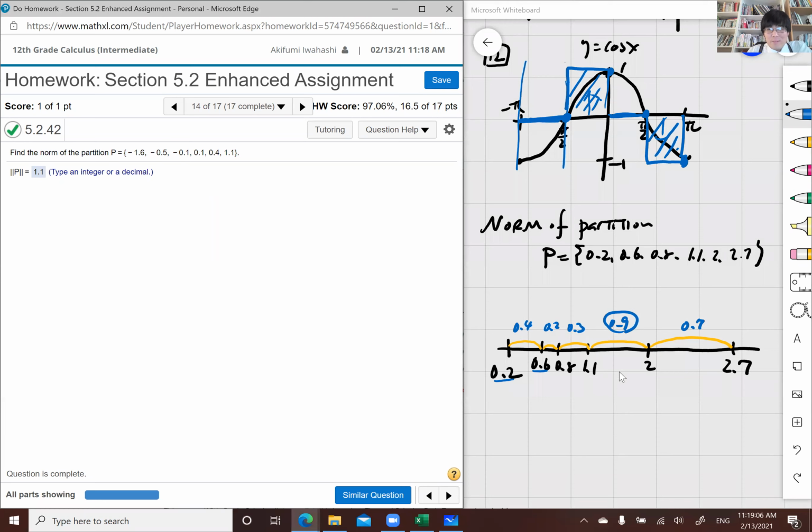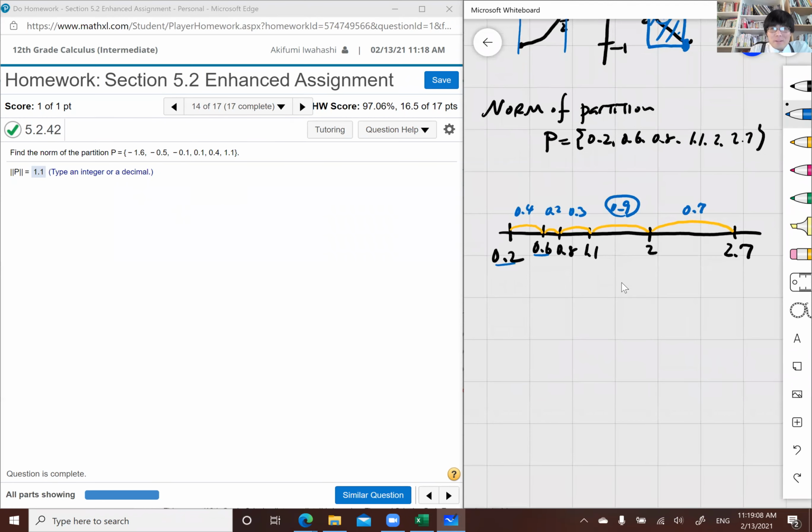Okay, same problem here. Let's draw it neater this time. Let's say this is 0, and here's -2, and here's +2. So 1.6 is around here. 0.5 is around here. 0.1 is here. 0.1 is here. 0.4 and 1.1.